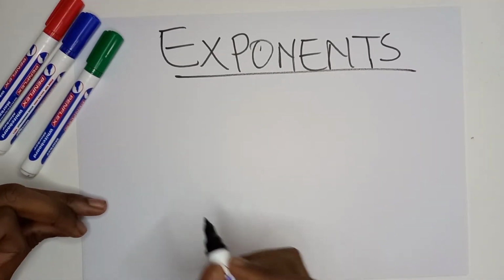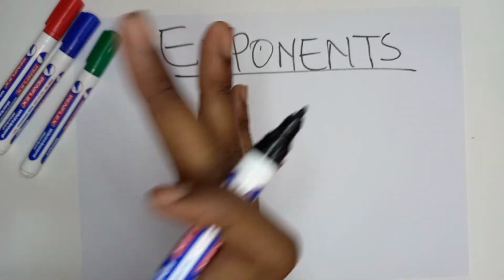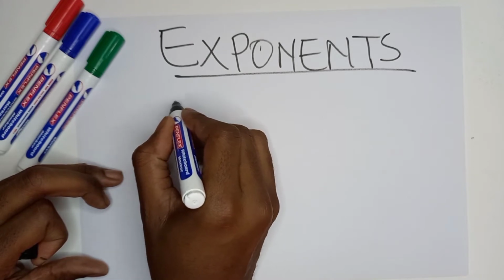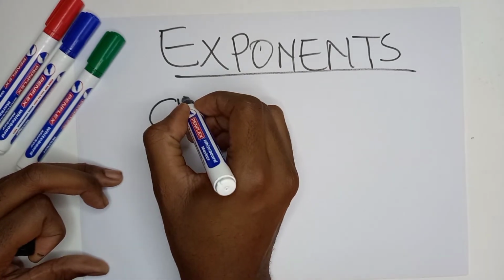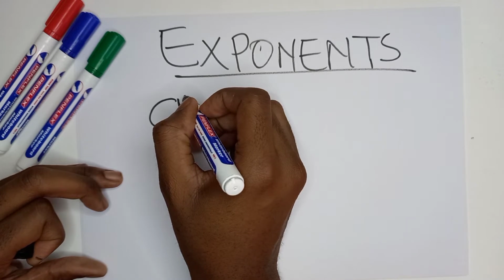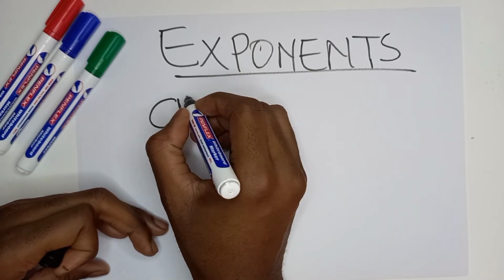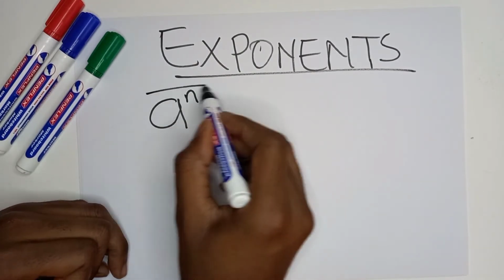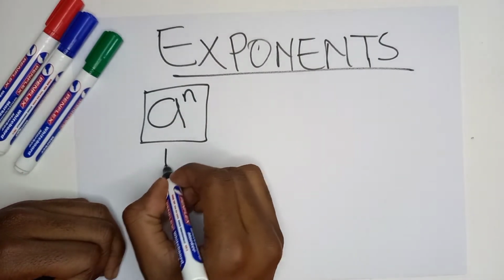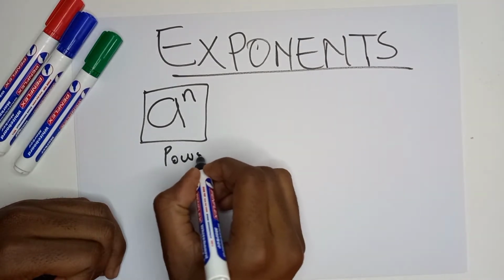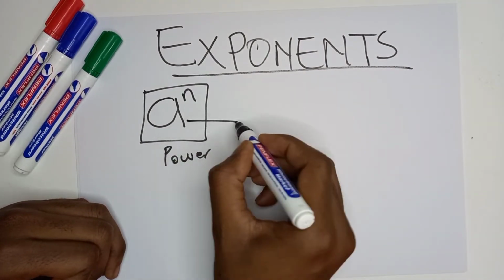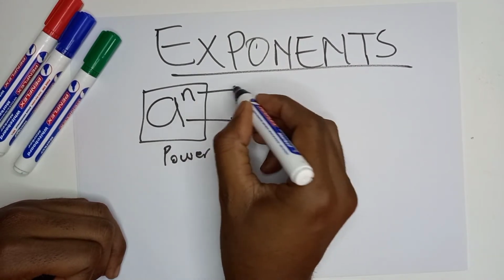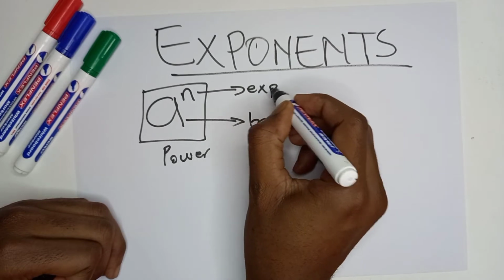Or rather, an exponent or a power, as it's called. A power is when you have a number that is multiplied by itself a certain number of times, and this as a whole you call a power. This here is the base, and that right there is the exponent.